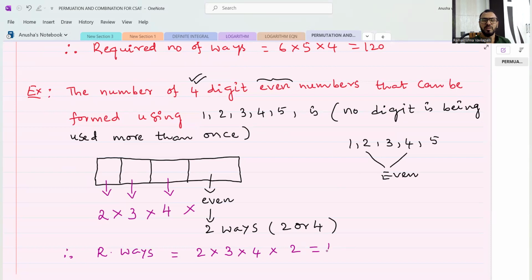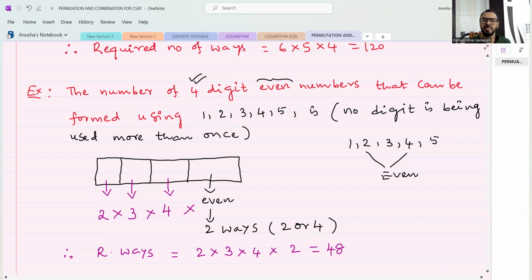That's equal to 48. We have not used any formula. But instead of writing these individually, we can create a simple formula.